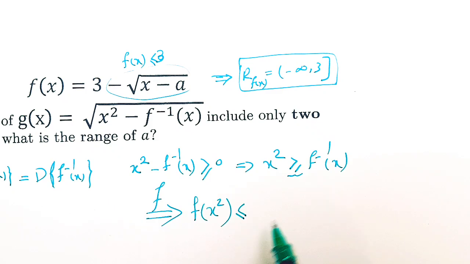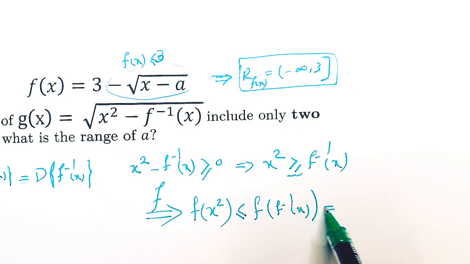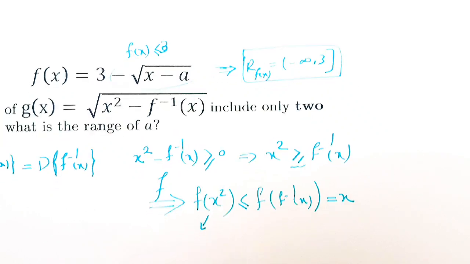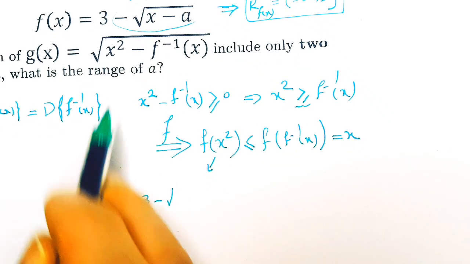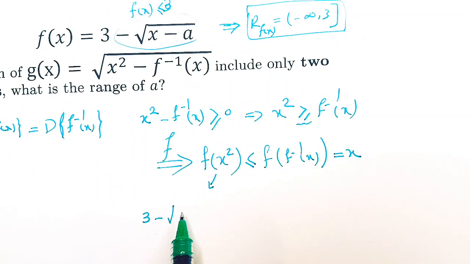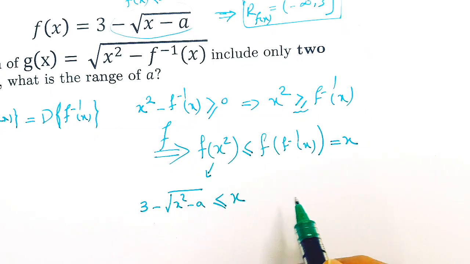It will be less than or equal to f of f inverse of x. We know that always f of f inverse of x is equal to x. And let's calculate f of x squared. So it's going to be 3 minus, instead of x, we put x squared in that function, square root of x squared minus a. It will be less than or equal to x.